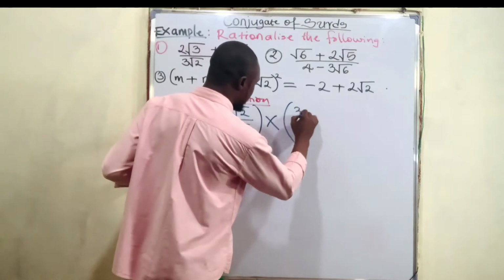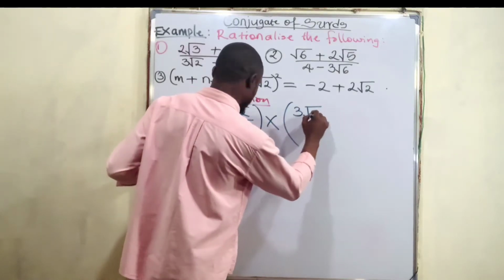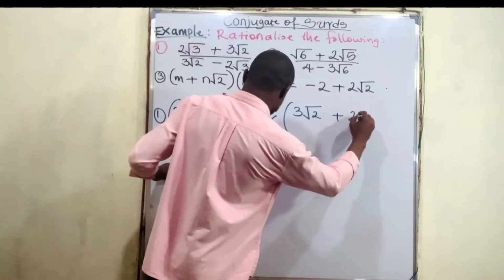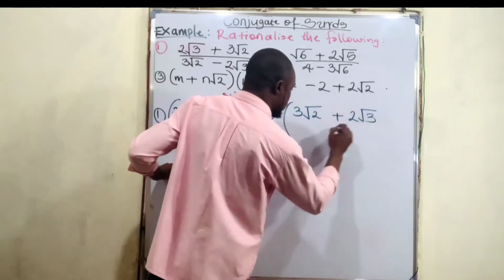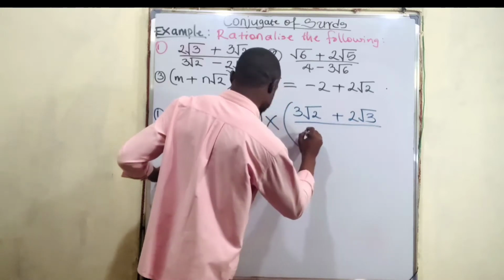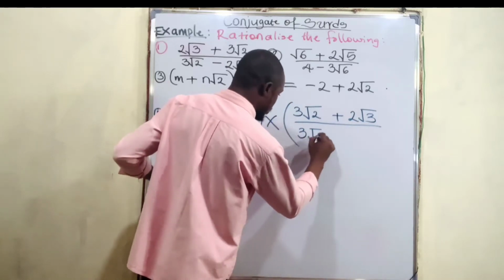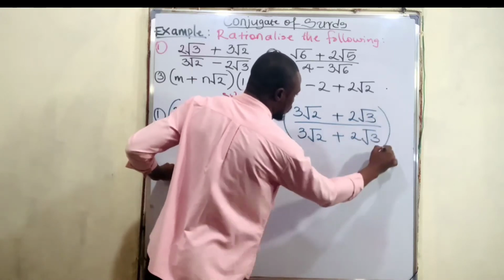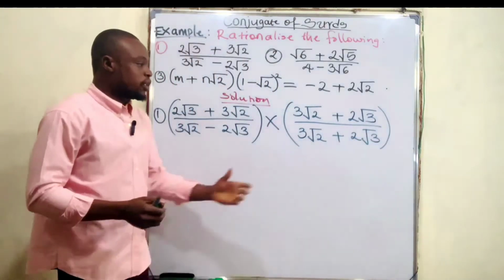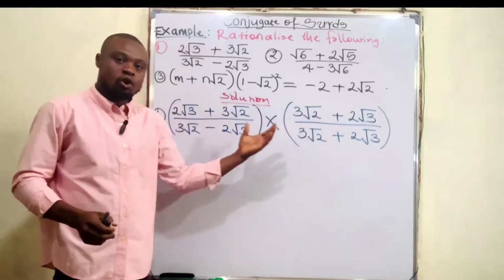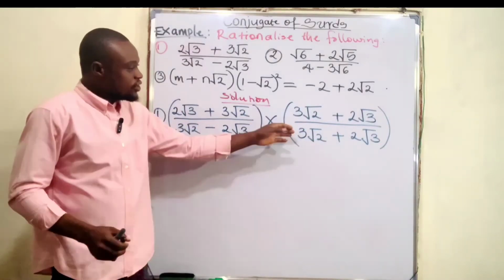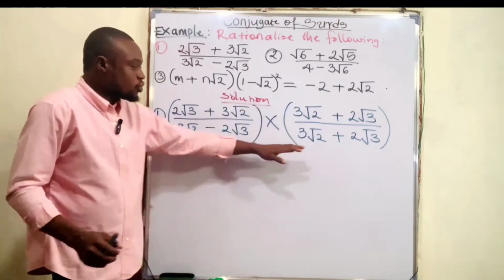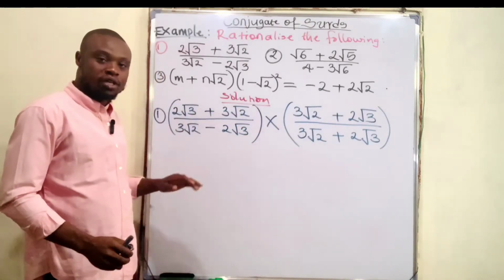So I now have the denominator, which is 3 root 2 plus, not minus again, 2 root 3, divided by 3 root 2 plus 2 root 3, close bracket. So this is the conjugate of the denominator. You can see the conjugate multiplies the numerator, and also the conjugate multiplies the denominator.